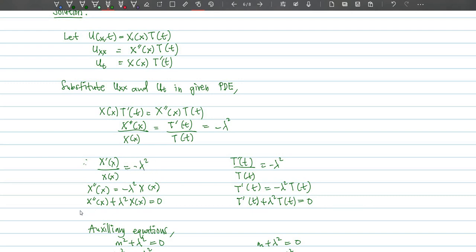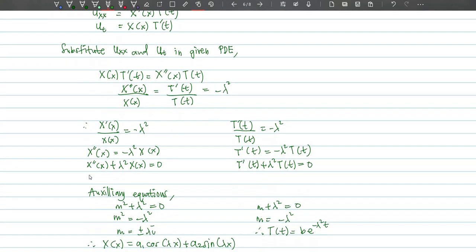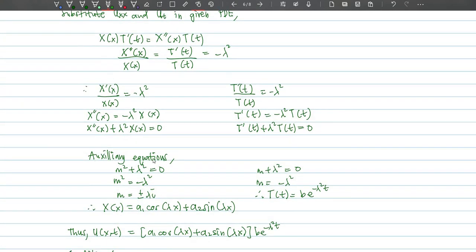Rearrange this equation, and apply the auxiliary or characteristic equations, and therefore we have m squared plus lambda squared equal to 0, and then we have m equal to plus minus lambda i. So therefore S(x) is equal to A1 cos lambda x plus A2 sin lambda x.